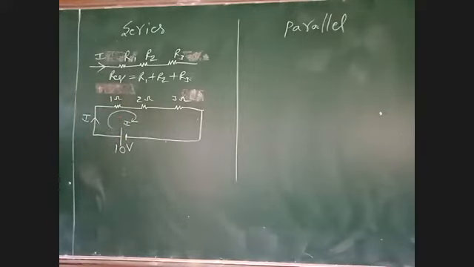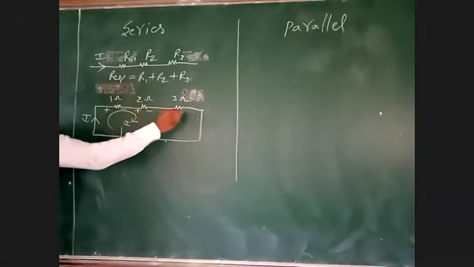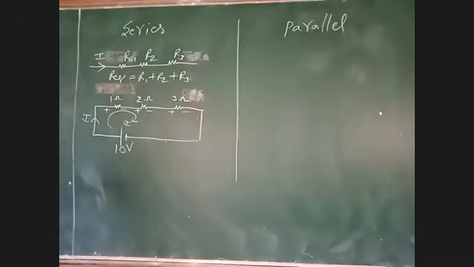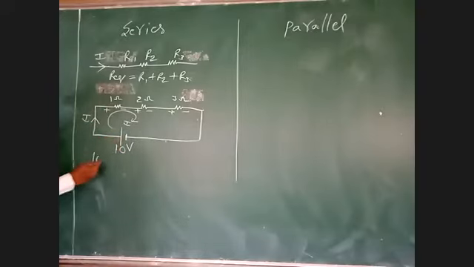Now, in the direction of current, we can take plus and minus only for resistors, but not for the voltage source. I is flowing from minus to plus, so plus 10.